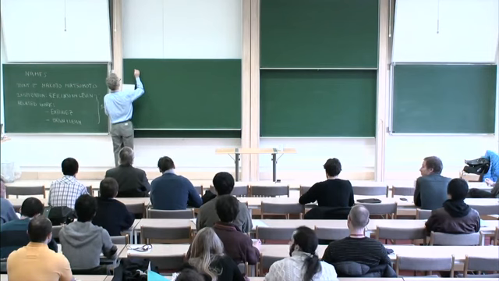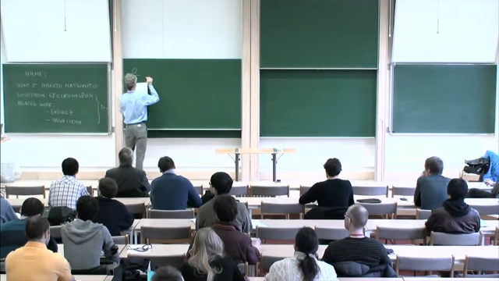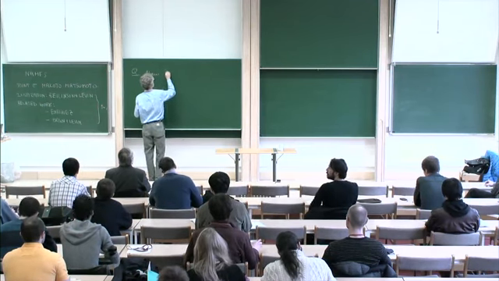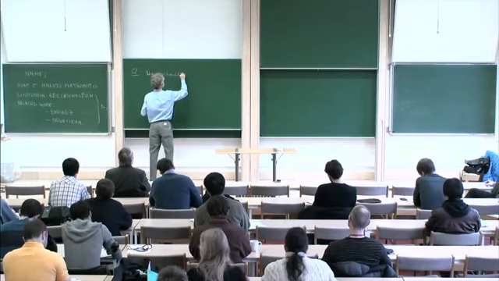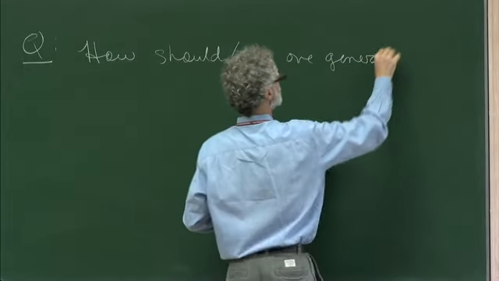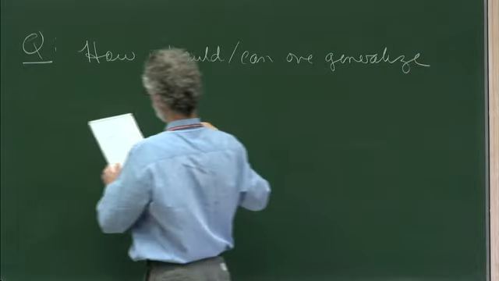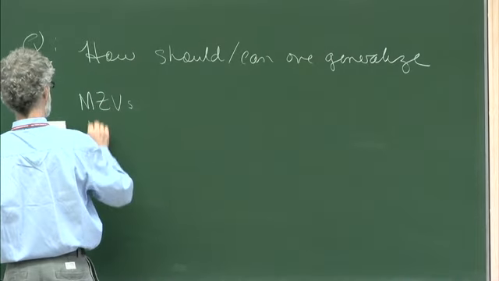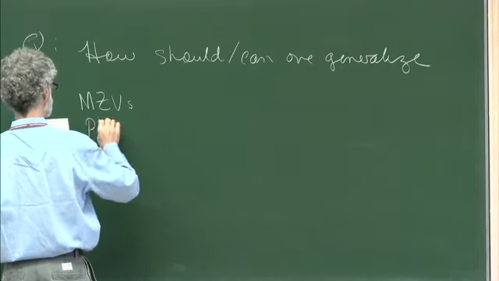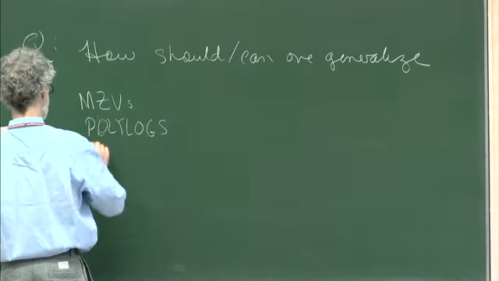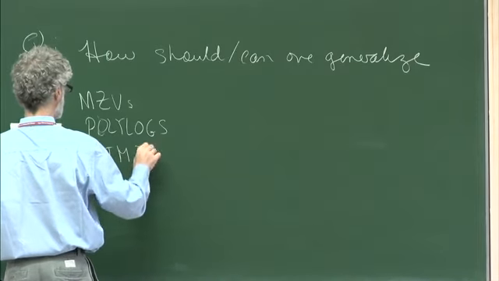No, it's okay. So the question is, how should one generalize, or can one generalize, multiple zeta values, polylogs, and mixed Tate motives over Spec Z?